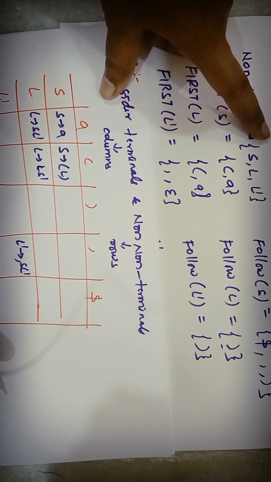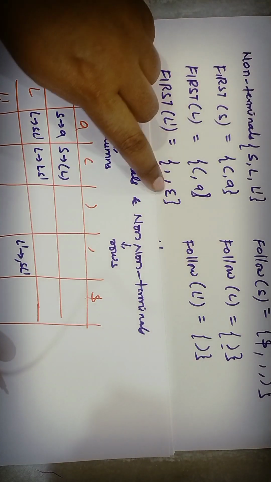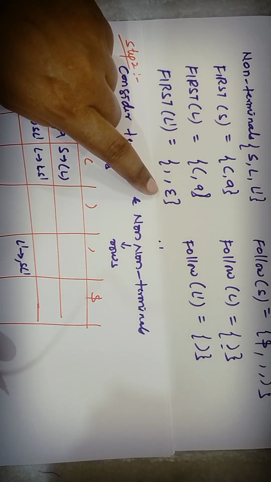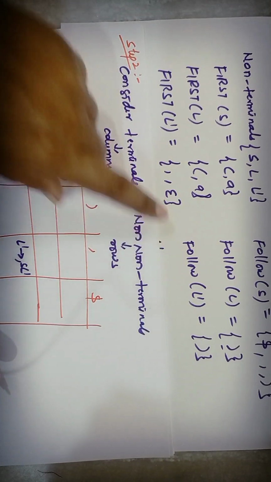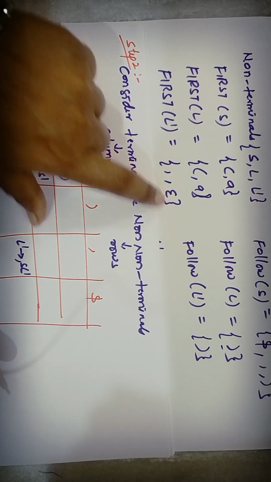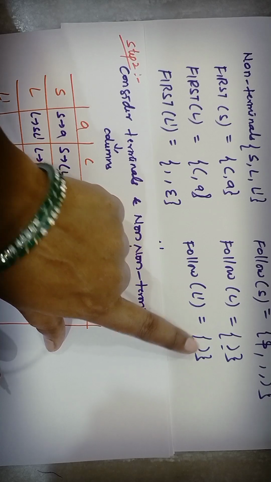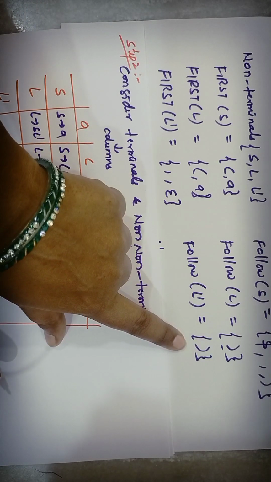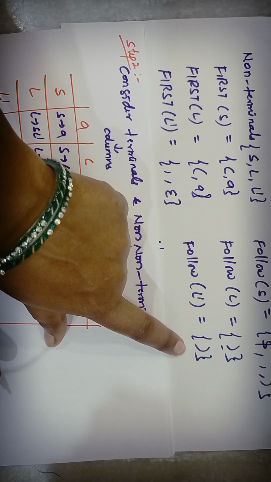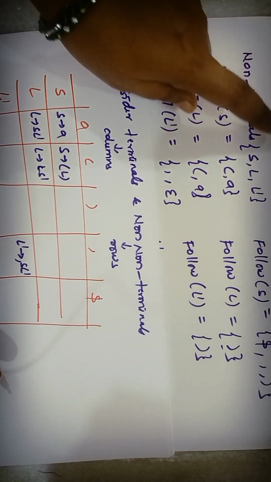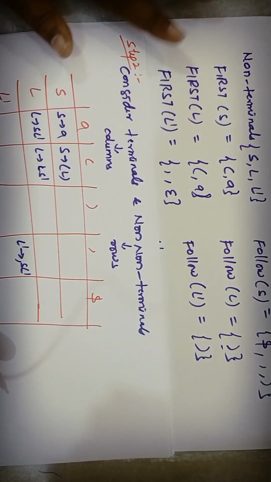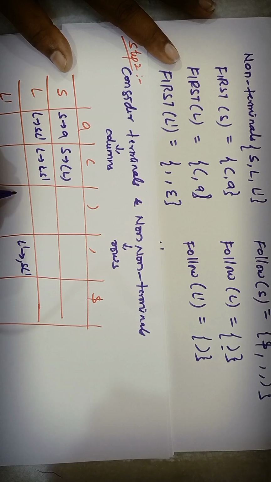Actually we have L dash tends to epsilon also, and in the table we don't have an epsilon symbol. So when we have epsilon, we have to go for the follow of L dash. In the follow of L dash, what do we have? Closed parenthesis is there, so this L dash tends to epsilon production we have to write in the closed parenthesis column.